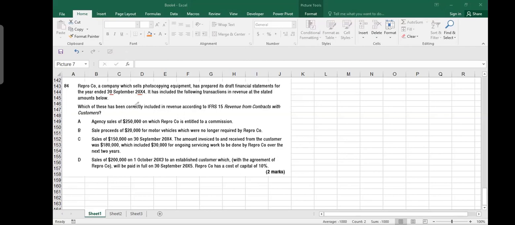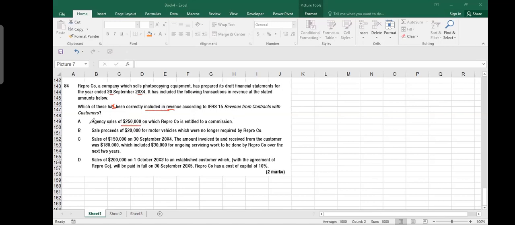Which of these has been correctly recorded in revenue according to IFRS 15? So there is only one which should be correct. So agency sales of 250,000 on which Repro Company is entitled to a commission. So they have included this in revenue. This is agency sales.